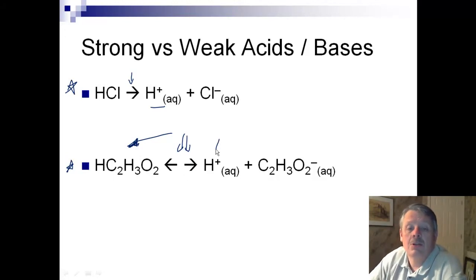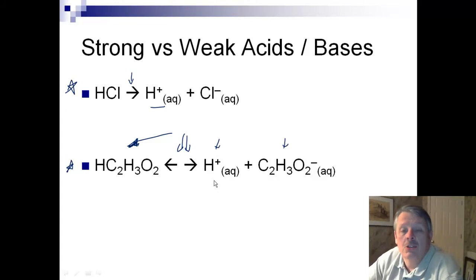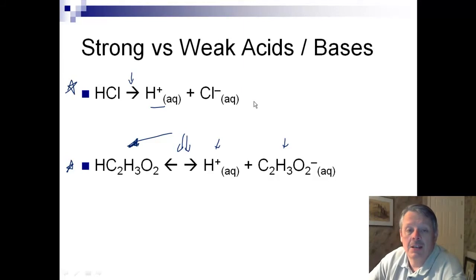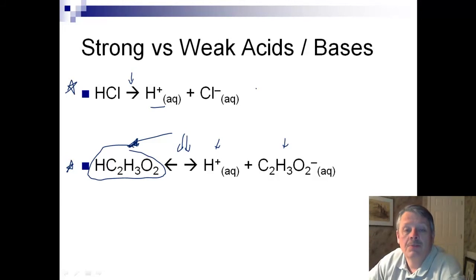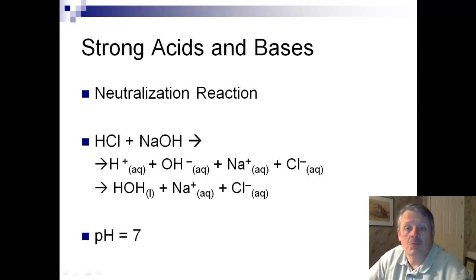It does not actually dissociate into a hydrogen ion and an acetate ion, so it is a much weaker acid. It is very happy staying, even in water, as a complete compound. Okay, so that's important to understand because strong acids and weak acids behave differently.